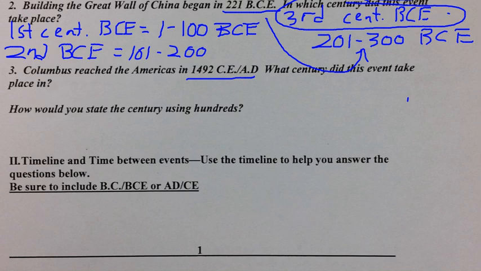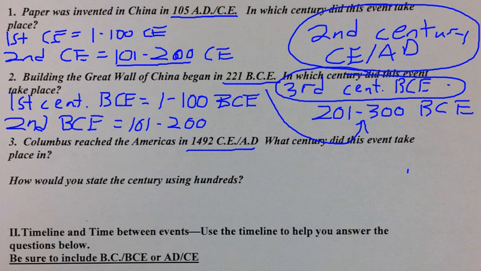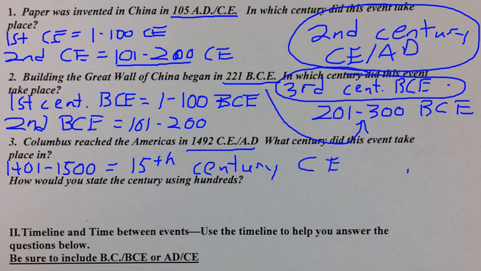Okay, well, if I were to extend out from what I did up here earlier, and I kept on labeling centuries from 1st to 2nd to 3rd to 4th to 5th and so on, I would find that the years 1401 to 1500 are the 15th century CE or AD.